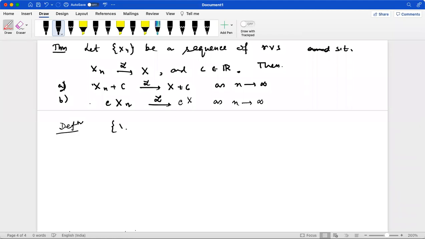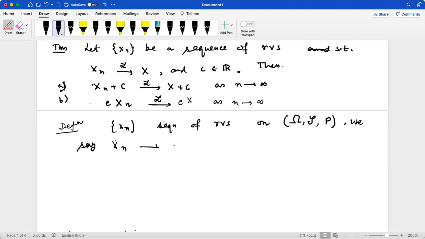Again, let Xn be a sequence of random variables on the probability space Omega, script A, with probability function P. We say that Xn converges to X in probability, sometimes I call it in P, where P stands for probability, as n tends to infinity.